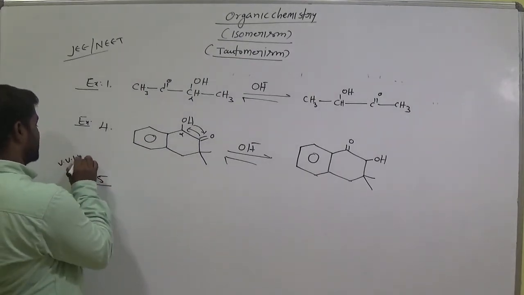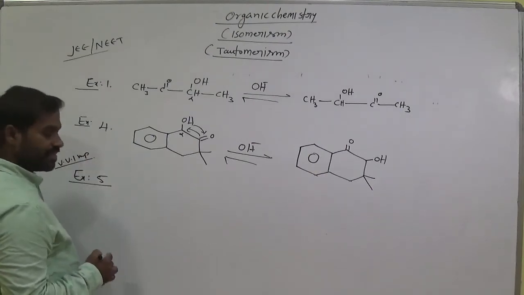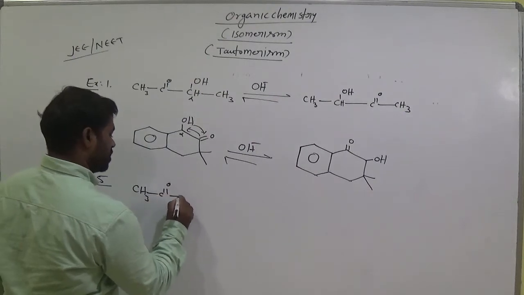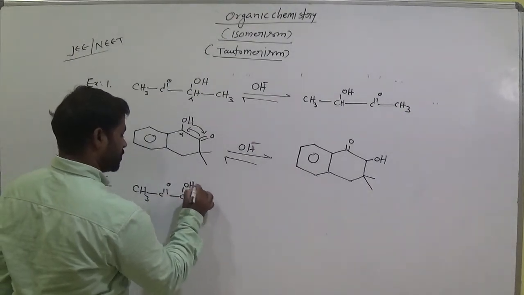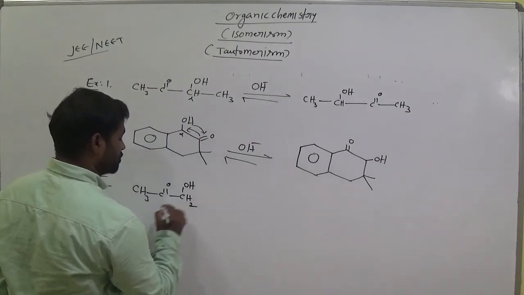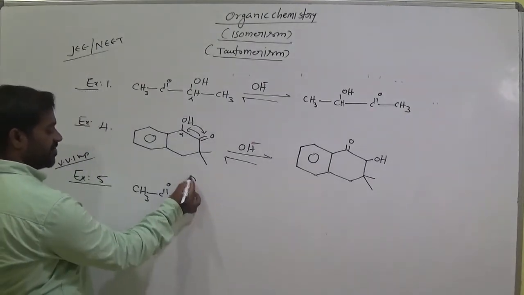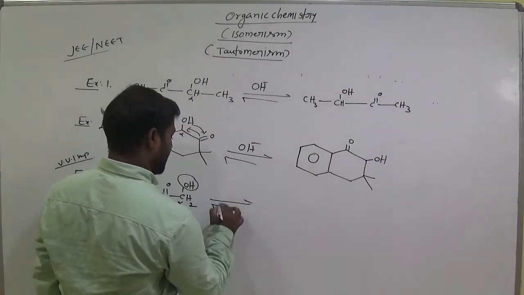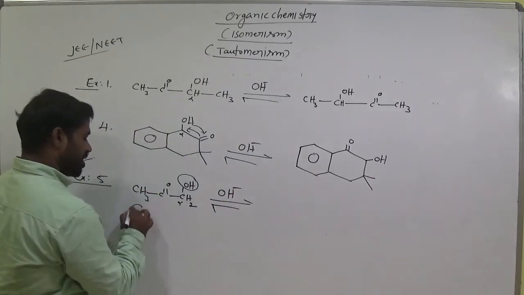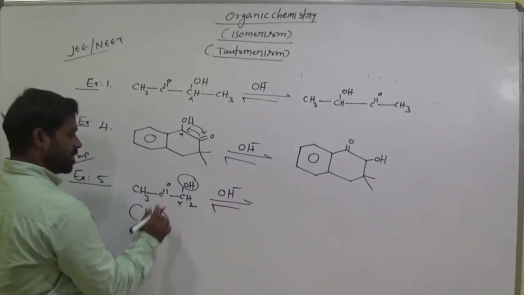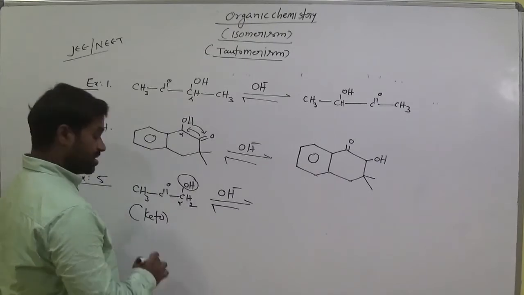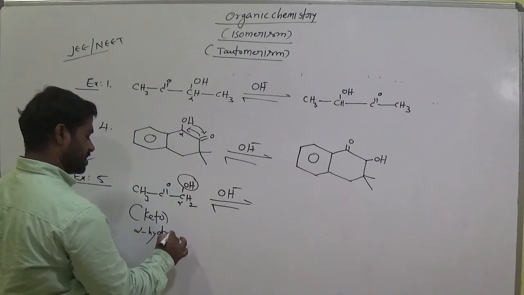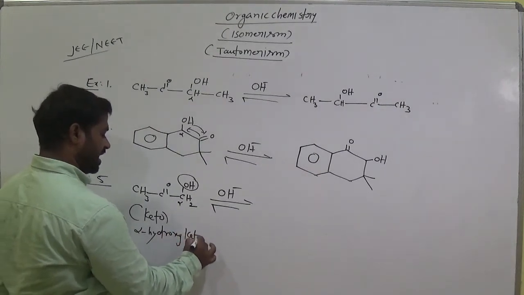This is a very important molecule. CH3, C double bond O, CHOH, that means CH2OH. This is the alpha carbon, it has an alpha hydroxy group. Am I right? Now exchange their position in basic medium. This is a keto compound, C double bond O is there, an alpha hydroxy ketone.